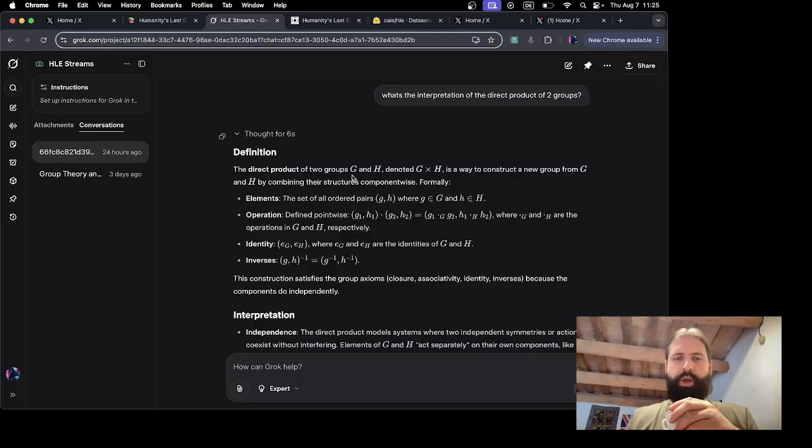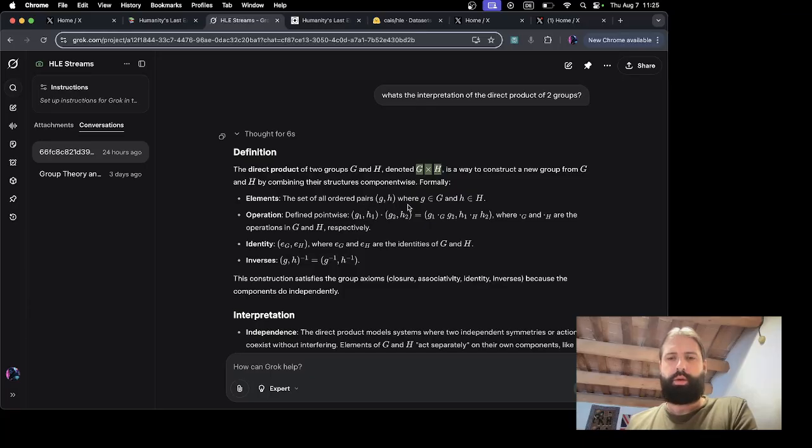Okay, so it's kind of analogous to what a multiplication of a tensor or a matrix would do, right? So the set of all ordered pairs. So if g is an element of G and h is an element of H, then it's basically all the elements of the new group.